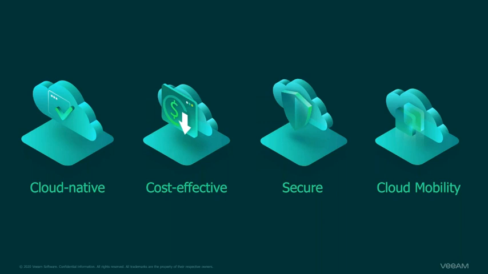Veeam wants to deliver a solution that is as non-prescriptive as possible. It is your data. We don't want to tell you what to do with that data or where to put it. We want you to decide what's really best for your organization, and ultimately arm you with a toolset that is going to help you protect that data at its source, move that data to where it might need to go based on your organization's changing strategy, and then protect it when it lands at its new destination.